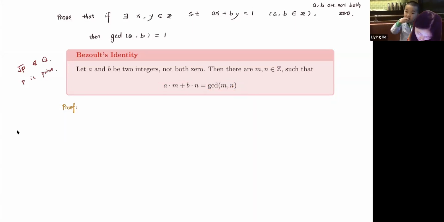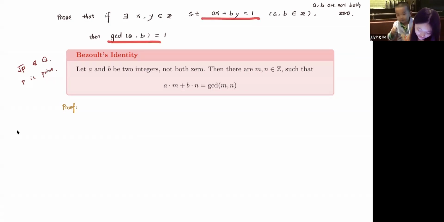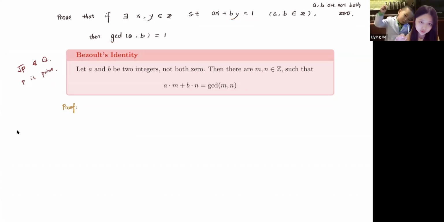But what I want you to do is the backwards: if this, then the GCD equals this. Does that make sense? This is saying that if the GCD of a and b equals some number, then we have m, n integers such that we have this. But this is saying that if we have this, then the GCD is 1. So they are different.